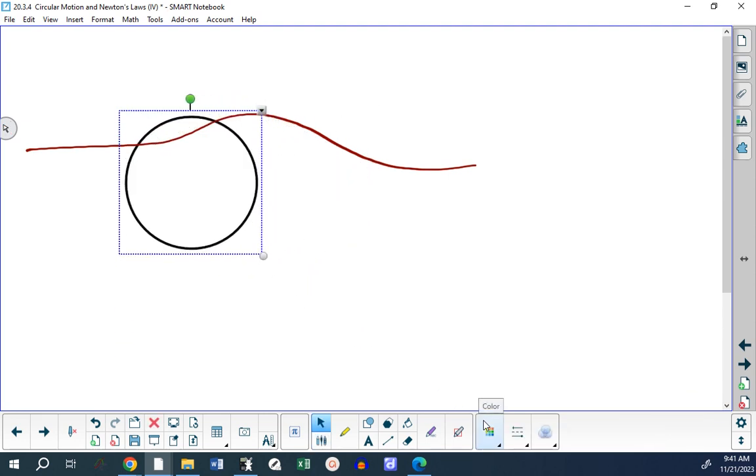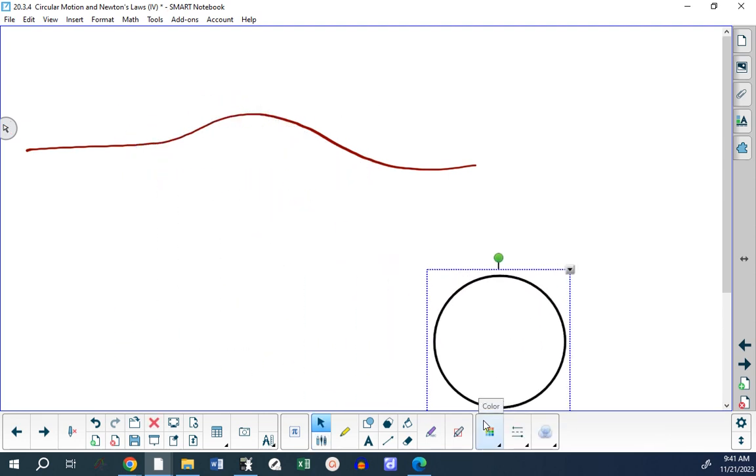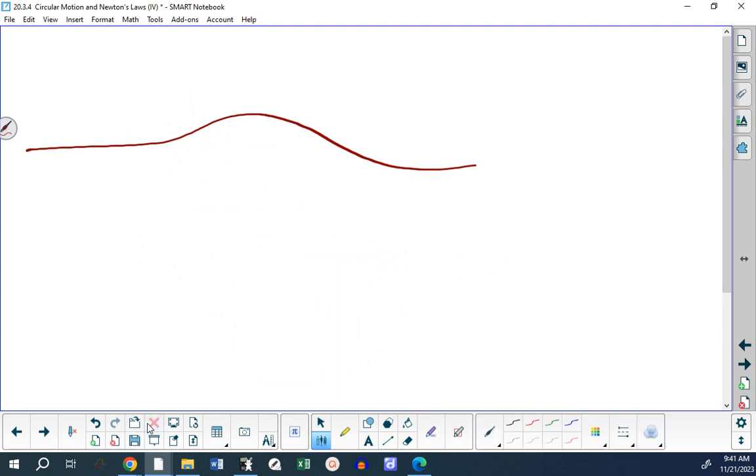So that arc is circular. Here's the car. Now, the car is on the road, right? Which means that there has to be a net force downward.